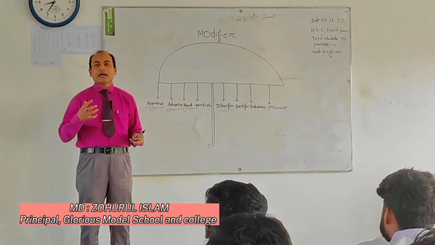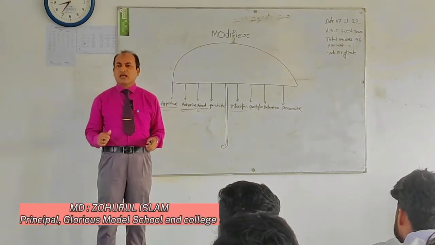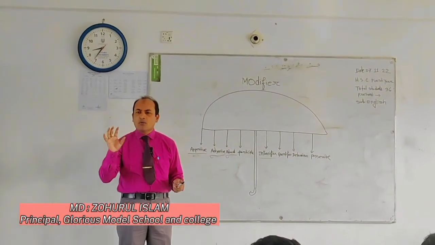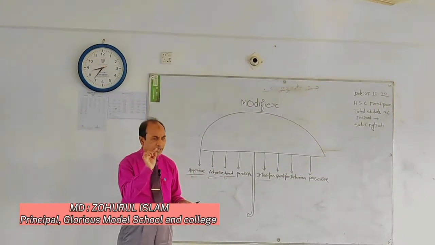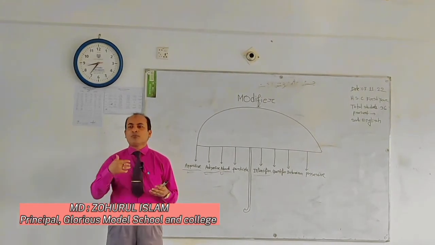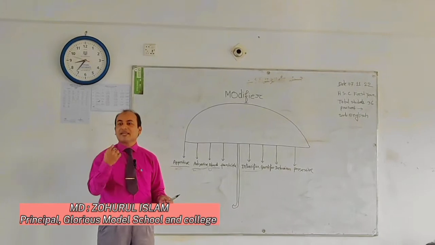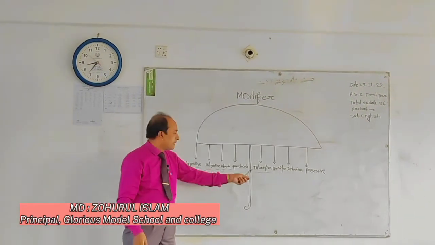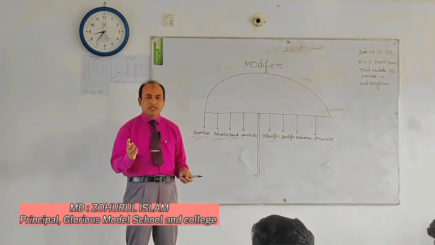It is enough hot. So here enough is an intensifier. Normally in the exam, intensifier is very common. Intensifier means the word that makes the adjective strong. Normally we use adverbs as intensifiers: very, enough, extremely.